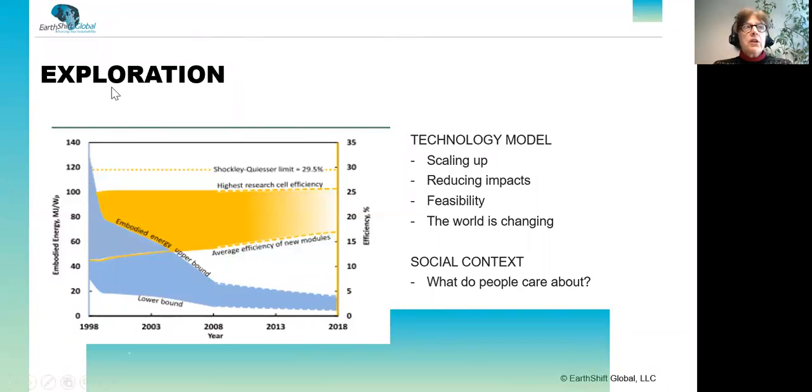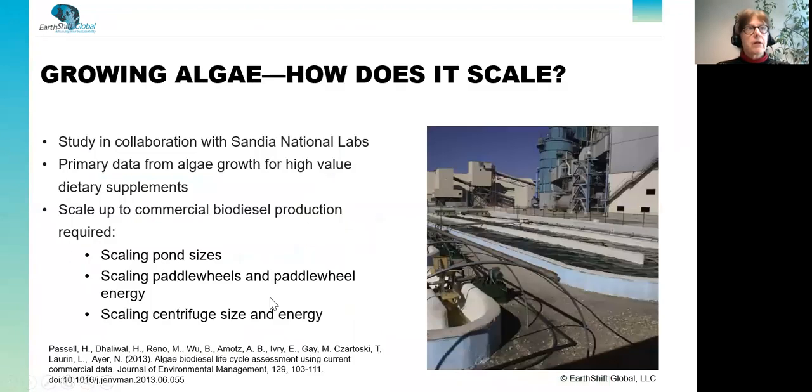So we're going to be looking at this exploration phase. We're going to be looking at scaling up, reducing impacts, looking at a feasibility test, and understanding that the world is changing, and how do we look at that. And then we'll also look at the social context, as I said.